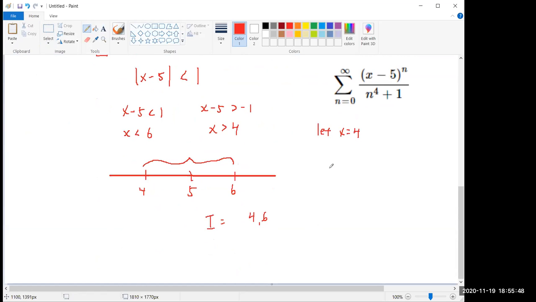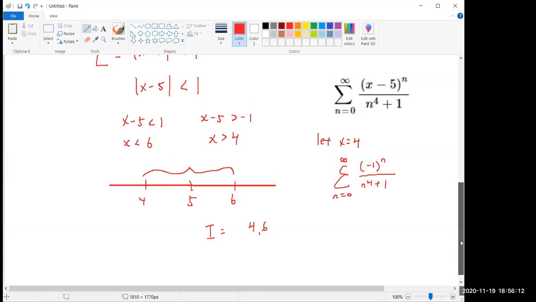So if you let x equals 4, you will get the following series. You will get 4 minus 5, which is negative 1, to the n, and then that's over n to the 4th plus 1. Is that convergence or divergence? Can you guys see whether that converges or diverges?